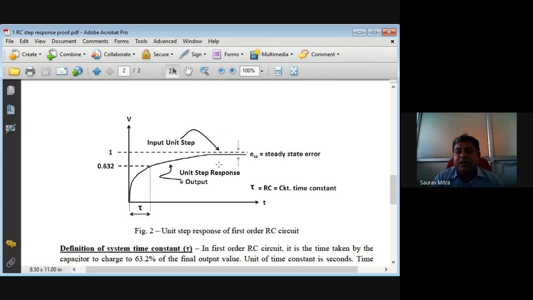But due to a defect in the capacitor, maybe charge recombination inside the capacitor, some path through which the charges get recombined, we are not every time going to get the capacitor voltage the same as the input voltage. So if the input voltage is 1 volt, it may be possible that the capacitor will charge at maximum up to 0.98 volt. In that case, the difference between the input and the maximum output voltage, 0.02 volt, will be called the steady state error.